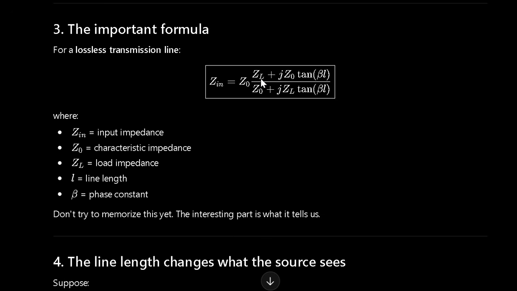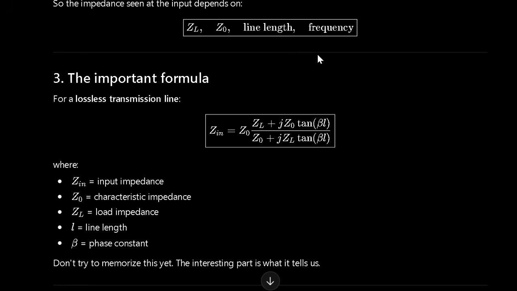For the reflected wave, e to the power minus j theta equals cos theta minus j sin theta. Because of this, in the derivation we get this formula with tan beta L. So simply remember this formula: Zin equals Z0 (ZL plus jZ0 tan beta L)/(Z0 plus jZL tan beta L).